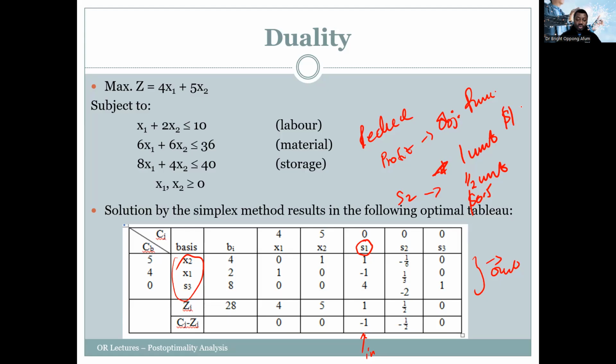So you see that since S1 and S2 are not in the basis, both labor and material resources are fully utilized, right? So S1 is here, S2 is here. Since they are not in the solution basis, it means that both labor and material are fully utilized.